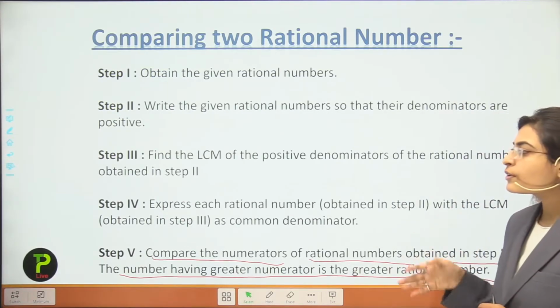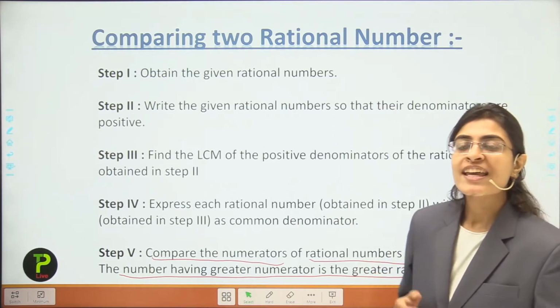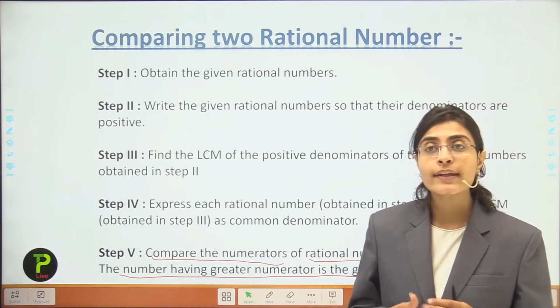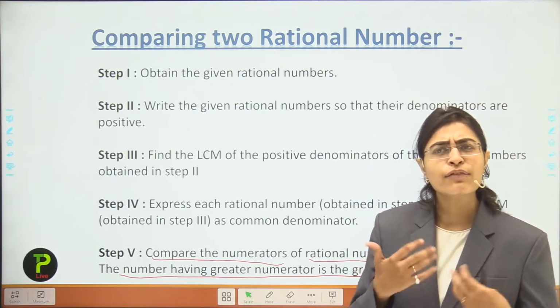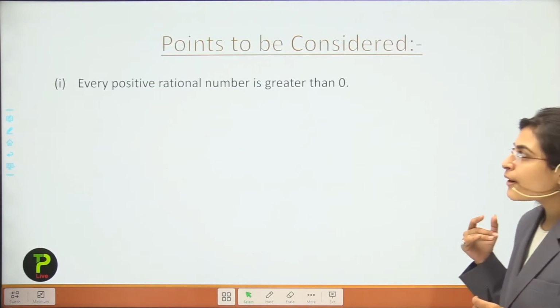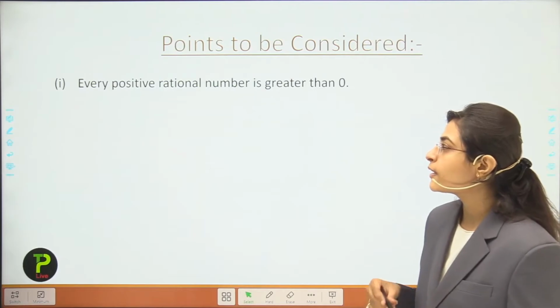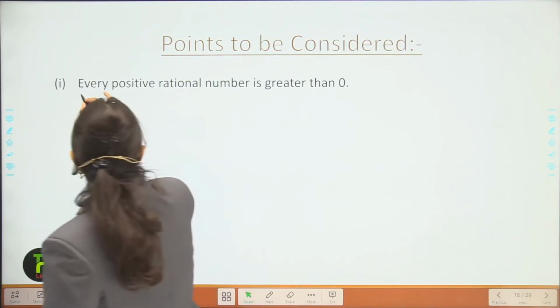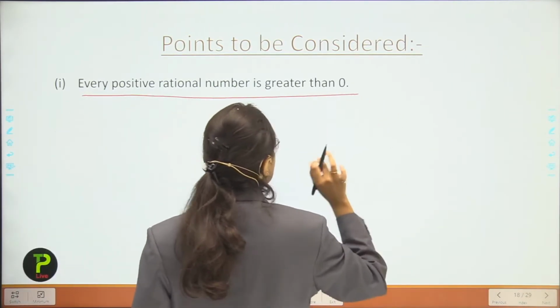We'll see these steps in detail with questions, but before that let us see some points that we have to remember. The first point is every positive rational number is greater than 0.